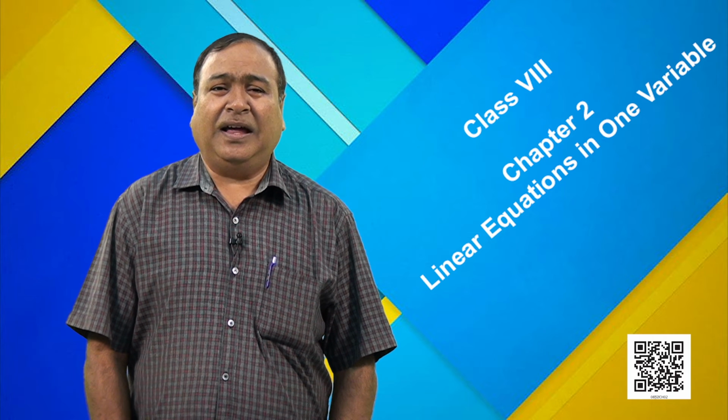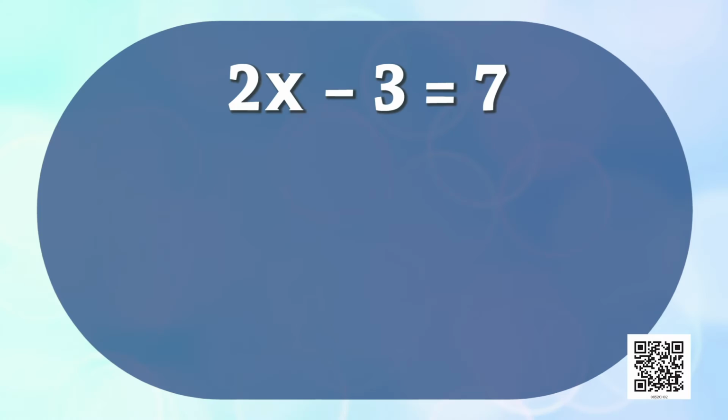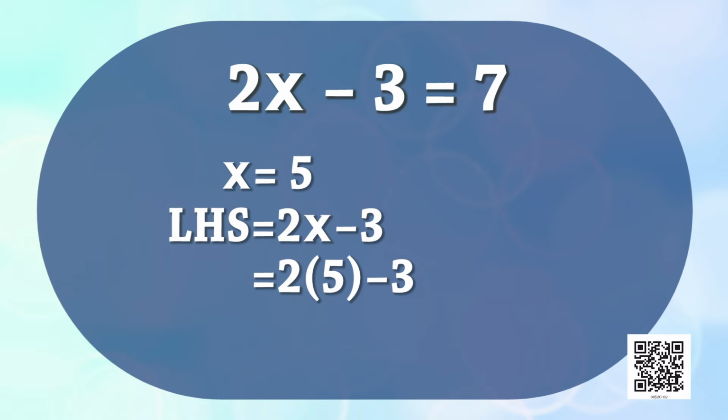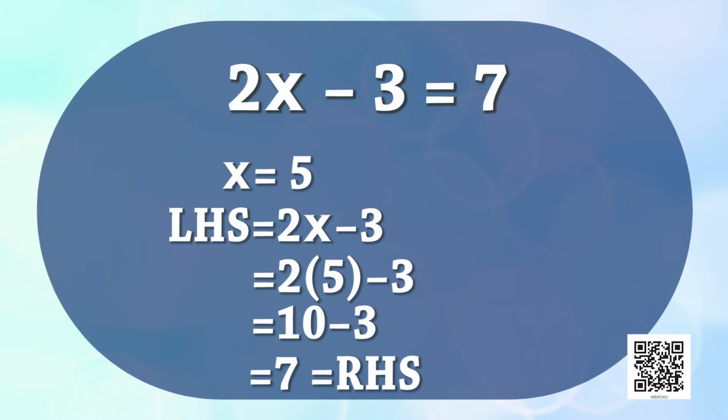Now, let us consider another equation. Consider 2x minus 3 is equal to 7. Suppose you put x is equal to 5 in this equation. Then the LHS, that is 2x minus 3, becomes 2 times 5 minus 3, that is nothing but 10 minus 3, that is equal to 7, which is equal to the right hand side.